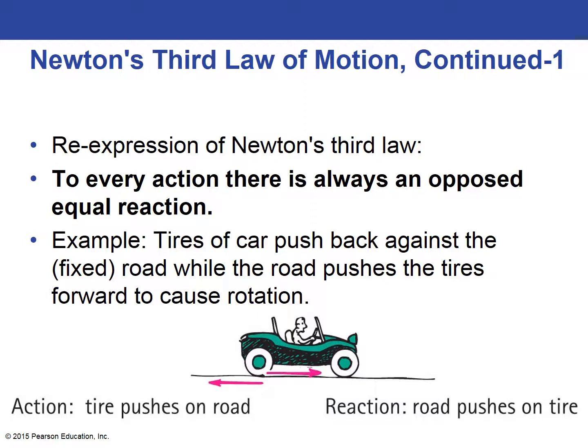Another example of this would be a pedestrian walking on the surface of a street. As the pedestrian pushes their back foot away to give them momentum, the force of the shoe or foot onto the pavement is a force on the pavement in the rear direction, and therefore the pavement exerts a forward force on the shoe of the pedestrian, and this force will be equal and opposite.